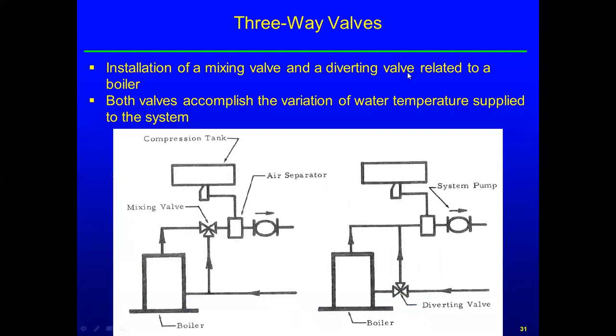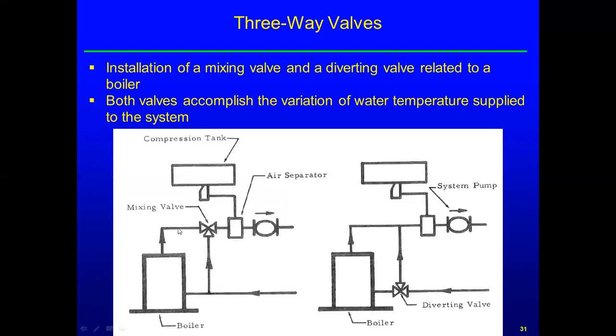Installation of mixing valve and diverting valve related to a boiler. Both valves accomplish the variation of water temperature supplied to the system. So here, this shows the mixing valve is basically downstream of the boiler. Your cold return water comes back. A portion of it goes into the boiler, is heated, comes back out, and then it mixes with the water that bypassed so that you can adjust the temperature of the water going out to the system.